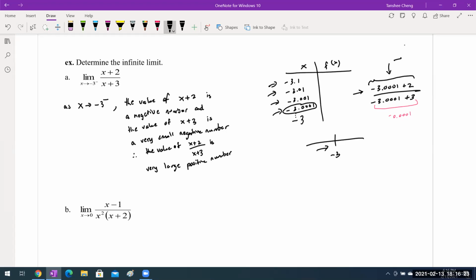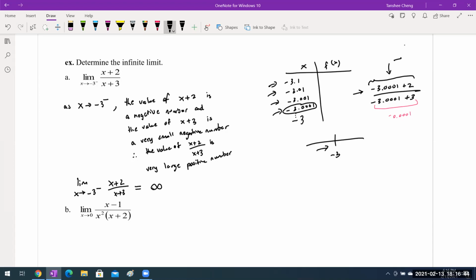And that's what we are talking about: the limit as x approaches -3 from the left-hand side of the function x plus 2 over x plus 3. This is approaching positive infinity.